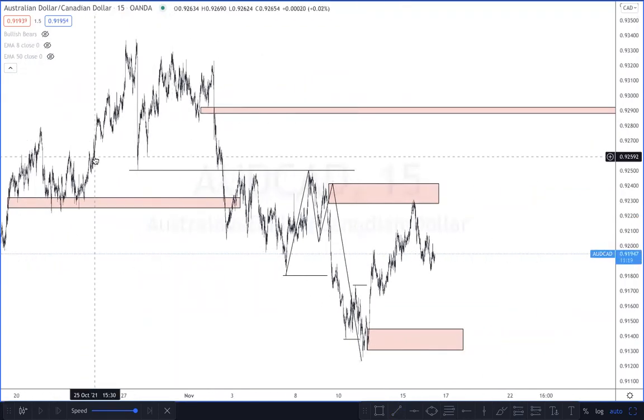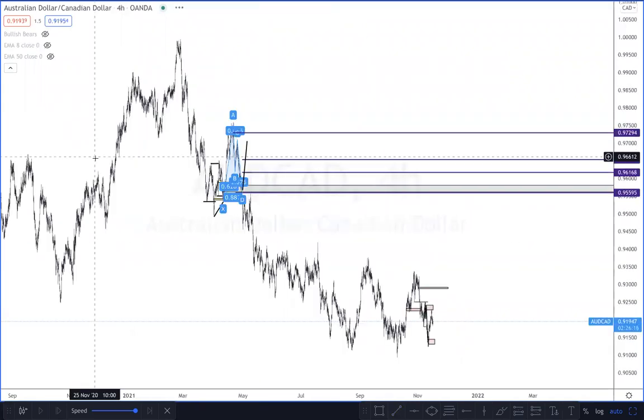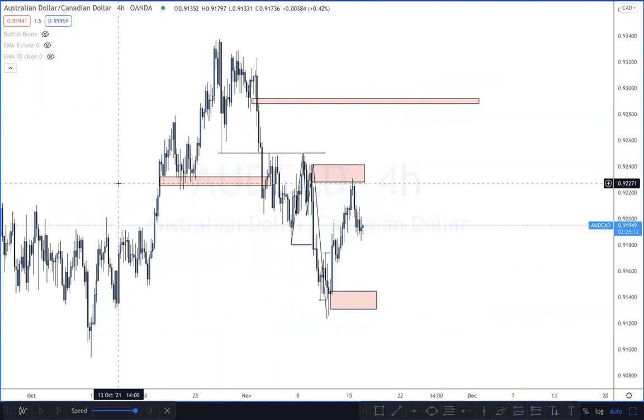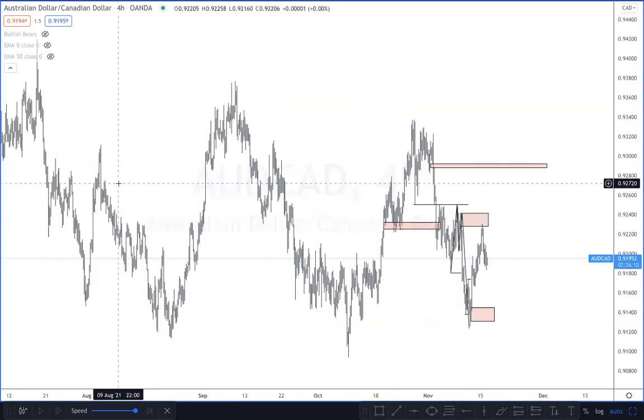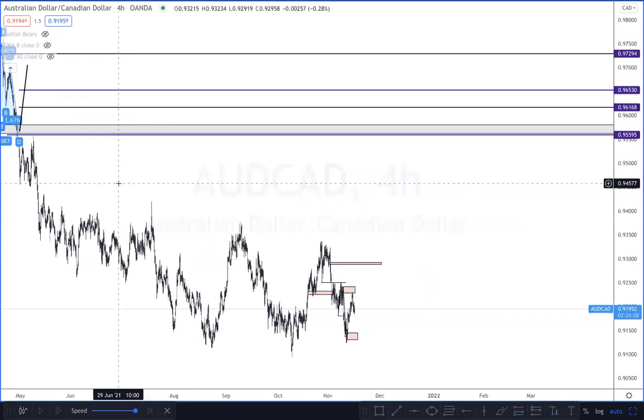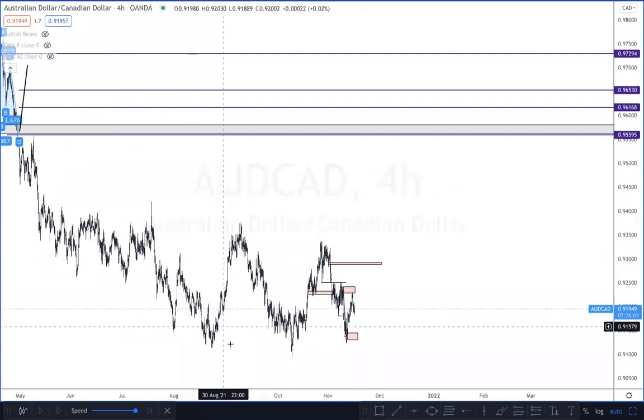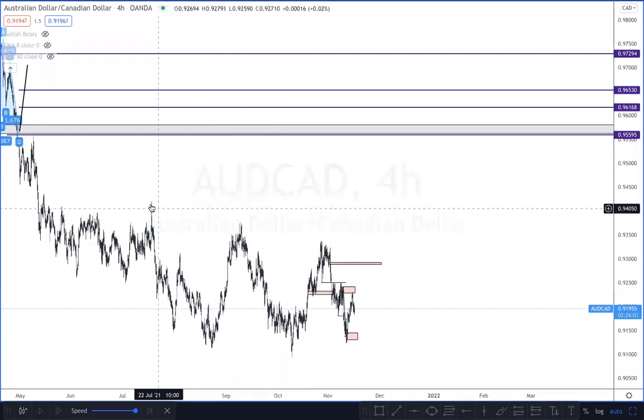Let's look at the 4-hour structure. Then I can say if I'm happy to take a buy or sell. Yes, I'm happy to take a buy from there. We are accumulating, and even that, we are more in a sell structure.